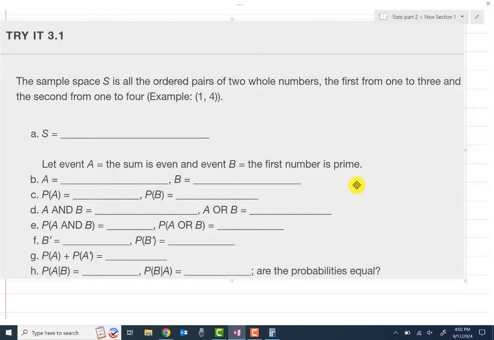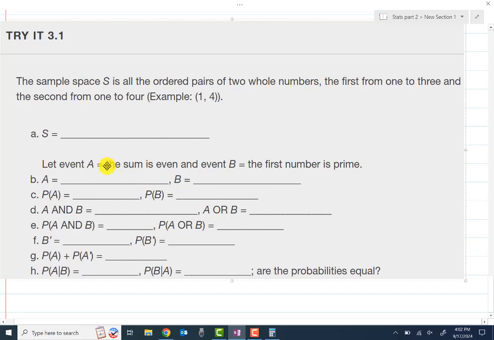All right, here's a problem that I want to work here. Try it, 3.1. And I'm going to answer these in the blanks when I can, but for most of them, these blanks aren't big enough for what I want to do. So the sample space is all the ordered pairs of two whole numbers, the first from 1 to 3 and the second from 1 to 4.